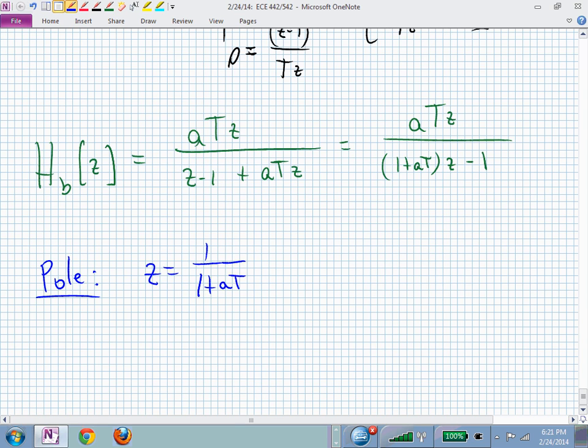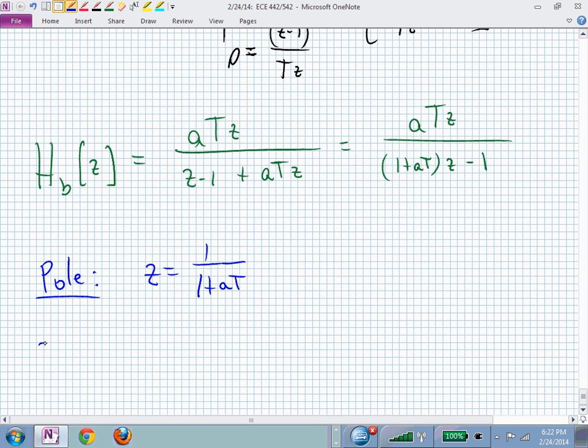And if a was 4 and T was some value, that's going to be something less than 1, isn't it? 1 over a number bigger than 1. Well, that's nice. It means it's inside the unit circle. What about our zero? Do we have any finite zeros? We do now have a finite zero. It's at z equals 0. What about the DC gain?